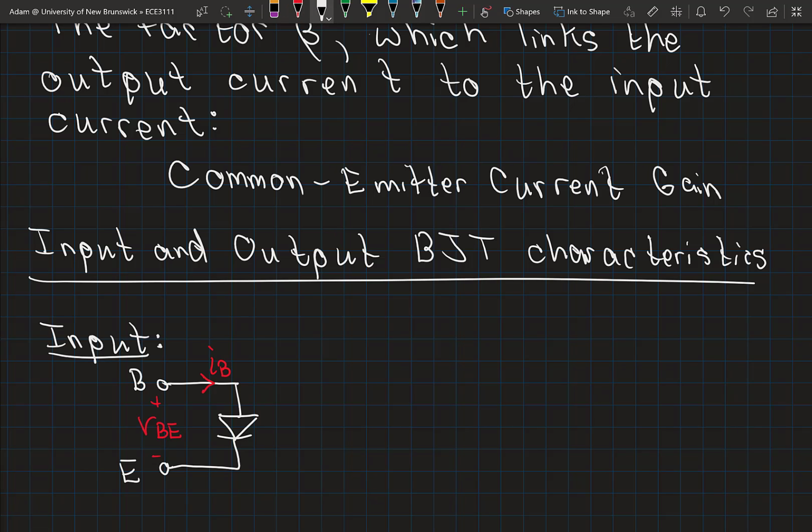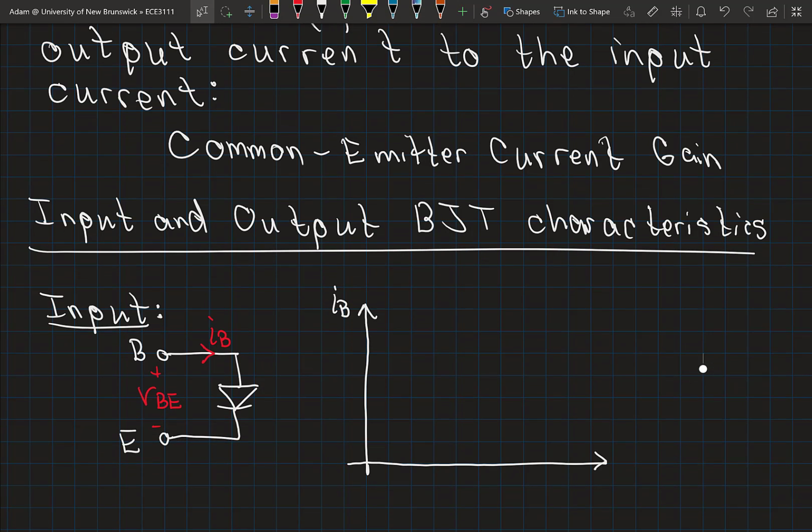So not surprisingly, the input characteristic is going to be identical to that of a diode, except here we represent our diode current as the base current, and the diode voltage is the base to emitter voltage. As I said, this looks identical to what we would see for any diode.